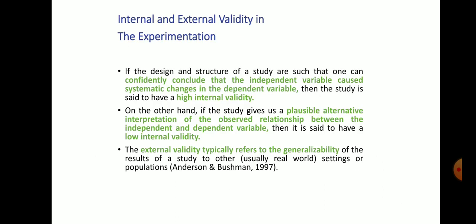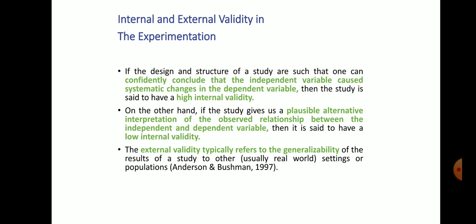Now, it is very important to understand the internal and external validity in the experimentation. What is internal and external validity? Internal validity is defined as how confidently a researcher can conclude that the variation in the dependent variable is caused by the independent variable, and this study is said to have the higher internal validity, which means to what extent your research can generalize the causality.